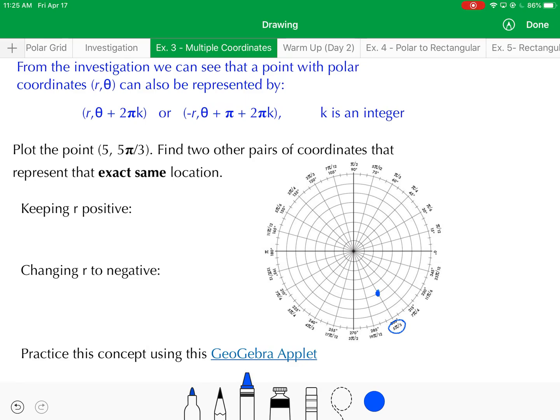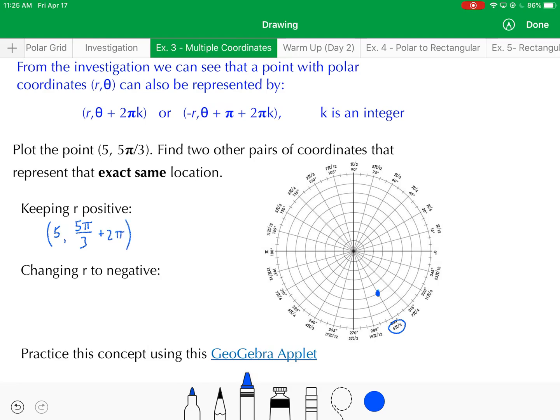I'm going to do the first one by keeping my r value positive. So I'm going to keep r as 5, and then I'm going to take the original angle of 5 pi over 3, and all I need to do is add 2 pi to it.